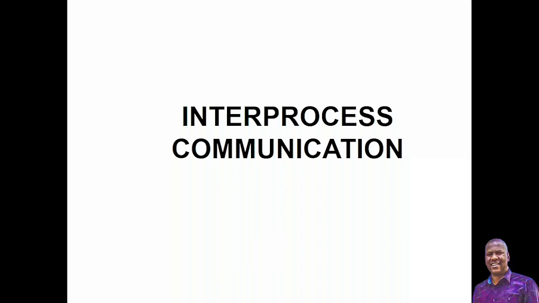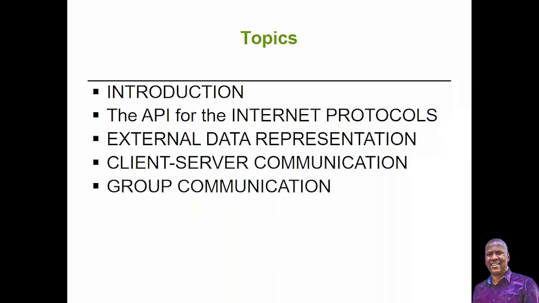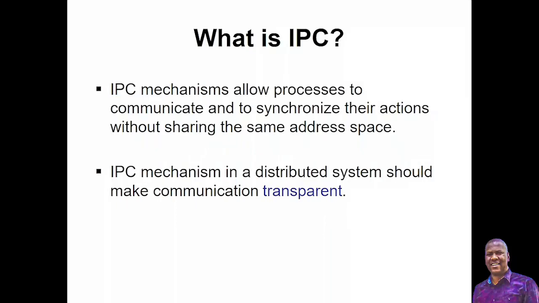We're going to look at how the client and server communicate, how external data is represented, and understanding the various protocols that aid this kind of communication. We'll also look at how communication happens in group form, talking about multicast communication. So what is interprocess communication?